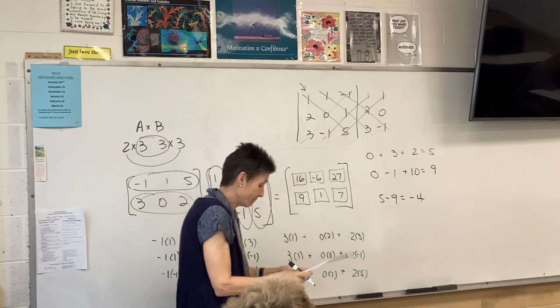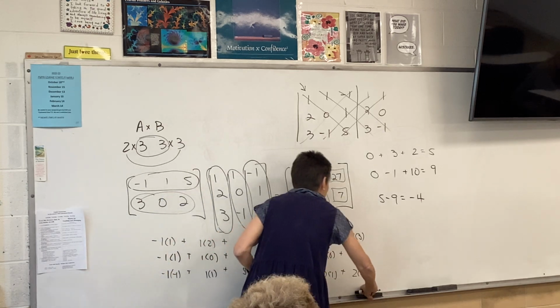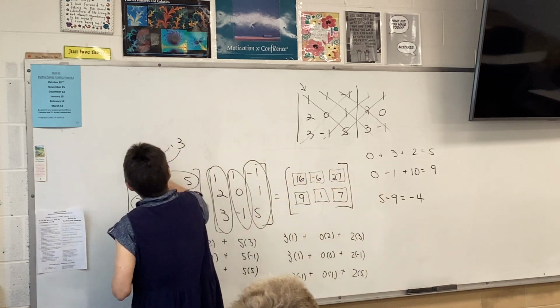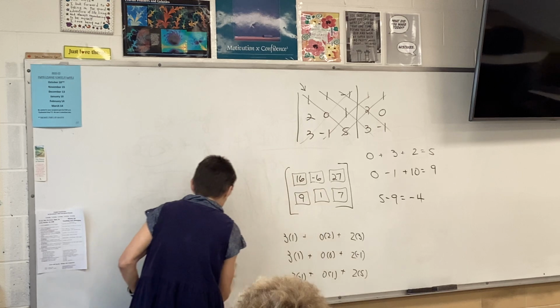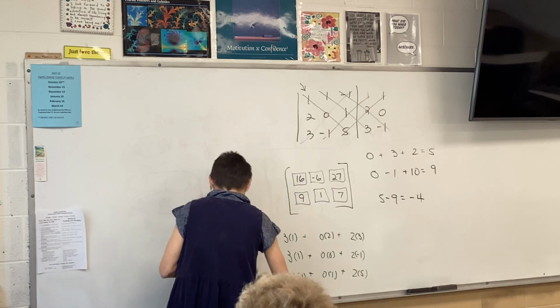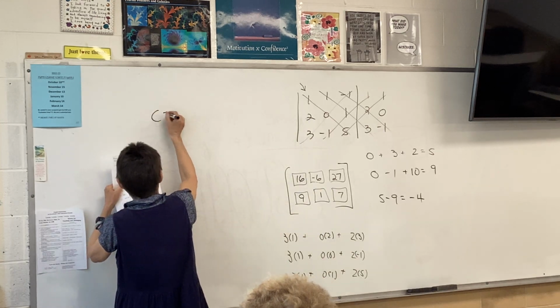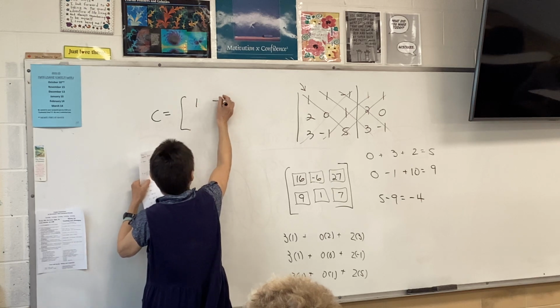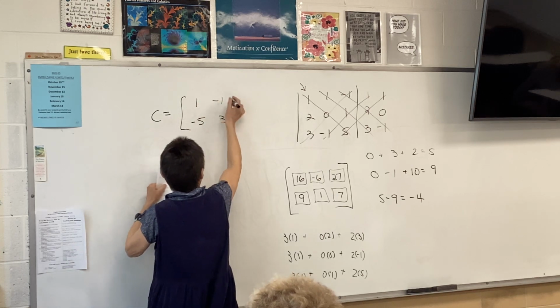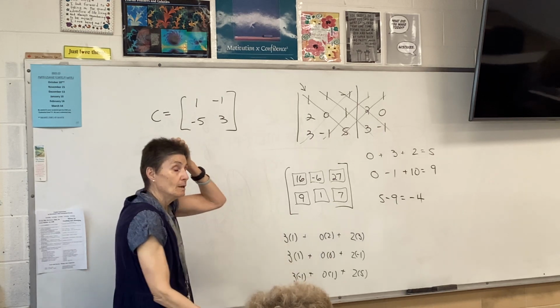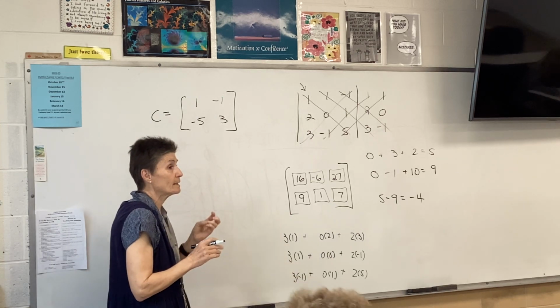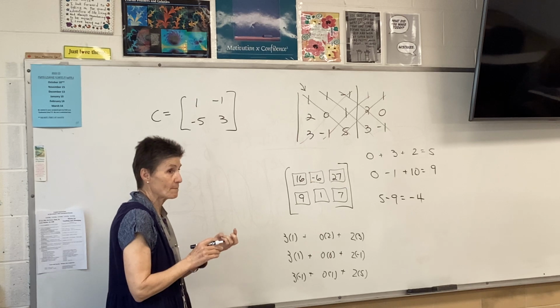All right, and finally, we're finding the inverse of matrix C. This is a couple of steps. How do we find the inverse of a matrix? Who remembers? All right, so there are 2 steps to it, and the order you do the steps doesn't matter.